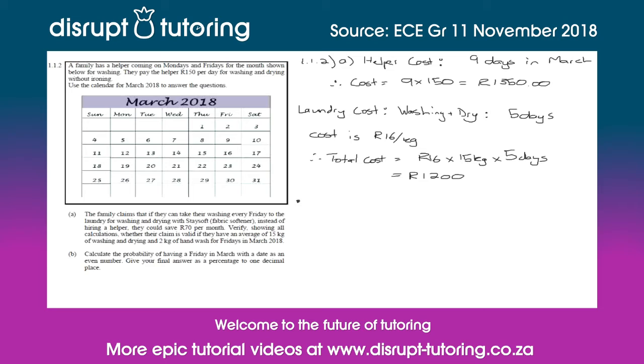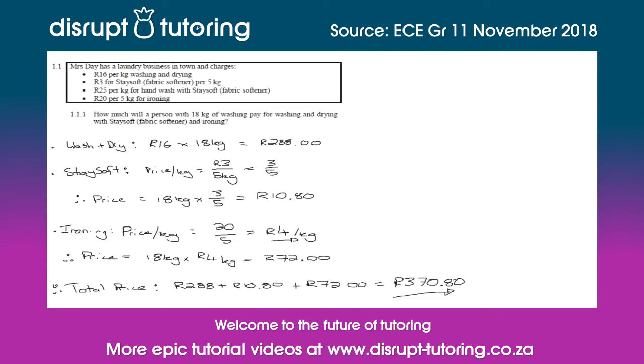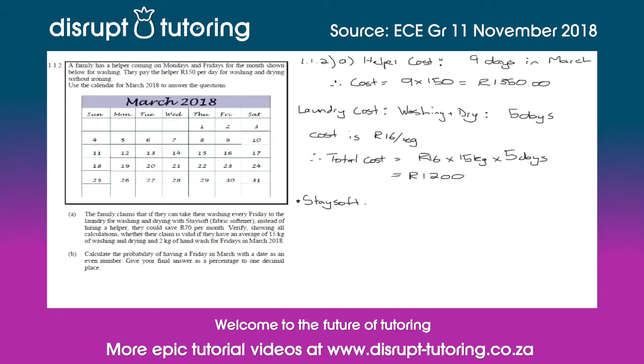But that's not all. We also have the Stay Soft expenses. In the previous question, it was 3 Rand per 5 kilos, so 3 over 5 Rand per kilo.